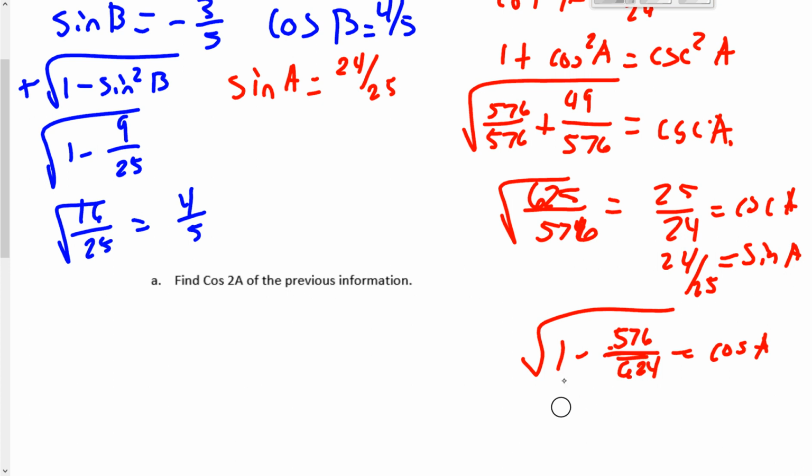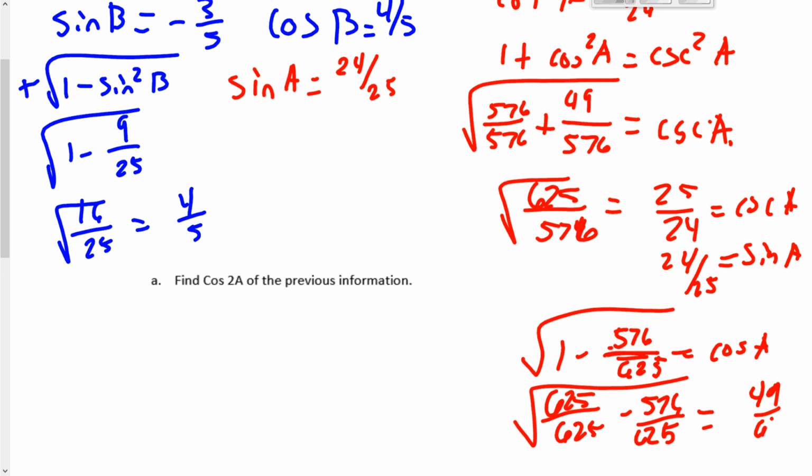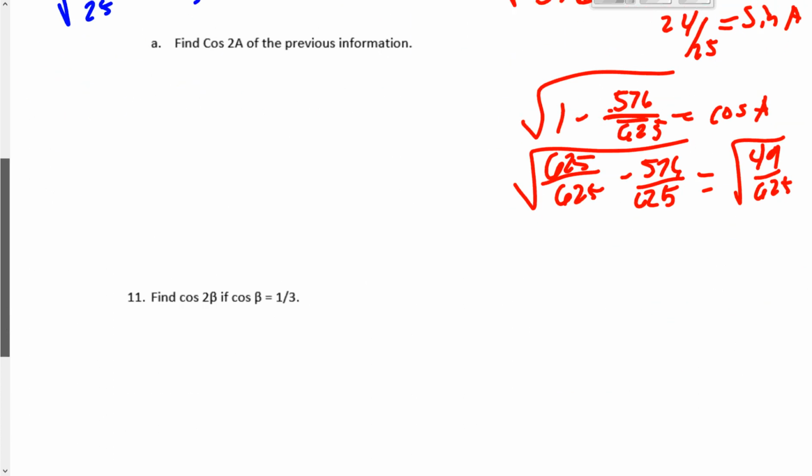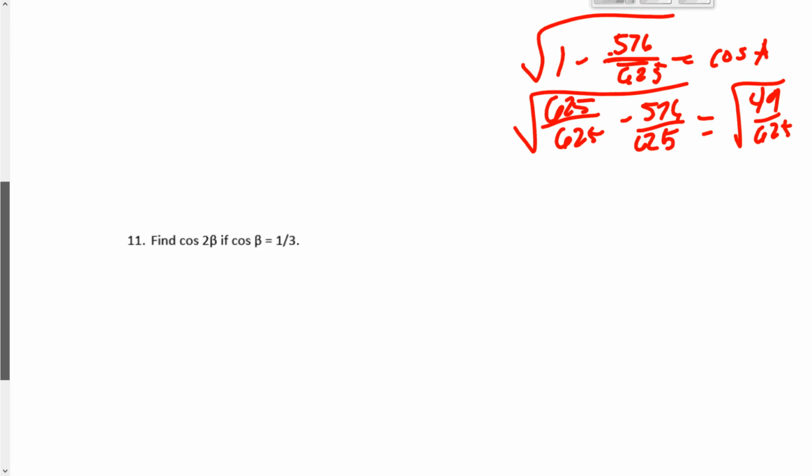So that means it is 625 over 625 minus that, which is 49 over 625. So that's just going to be 7 over 25. Cosine of A equals 7 over 25.